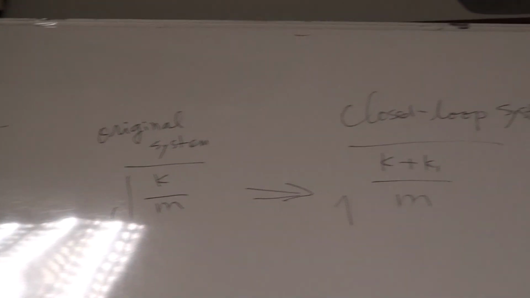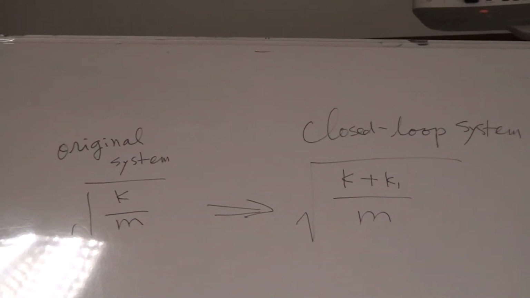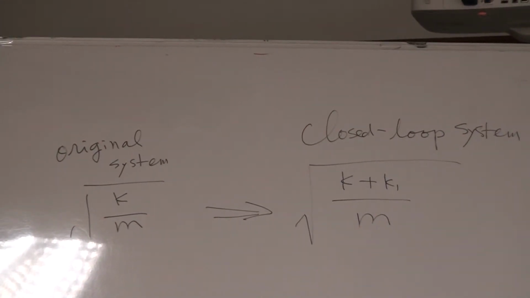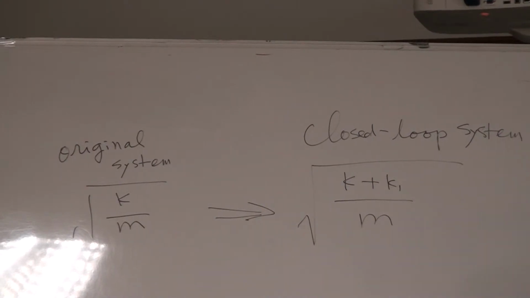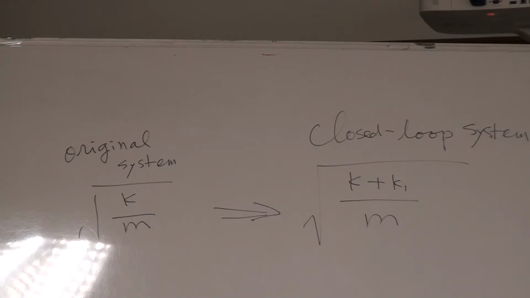Now the question is, if this omega 1 is exact, what do I want to do? I assume K1 here is a positive value.